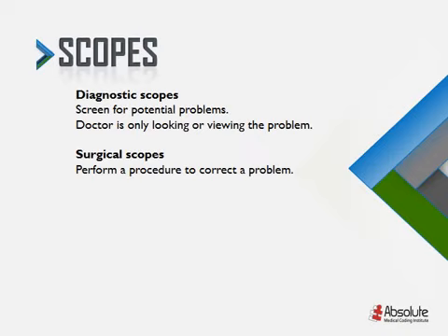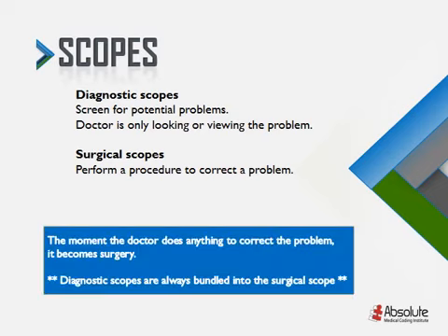That is an example of a diagnostic scope. Let's say, for example, you have some polyps that they find in your stomach. They might take a surgical scope and go through and use that scope to actually take care of those polyps, in which case it's a surgical procedure.